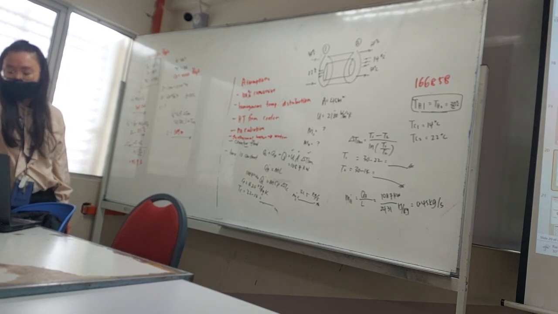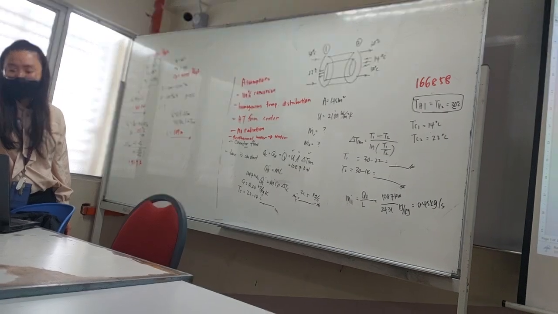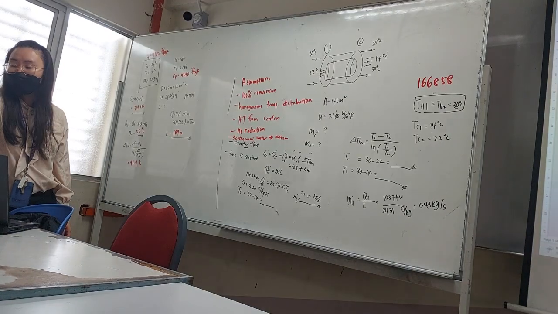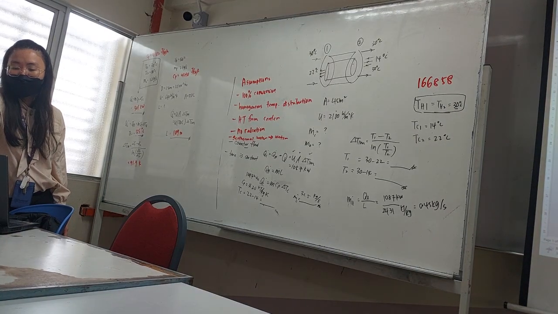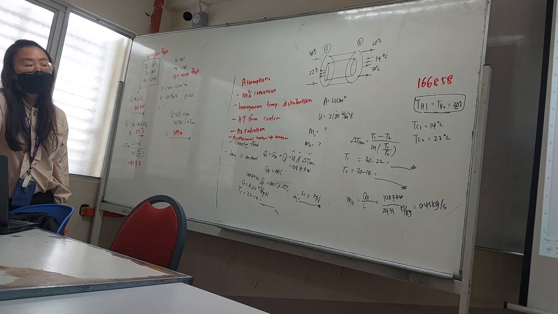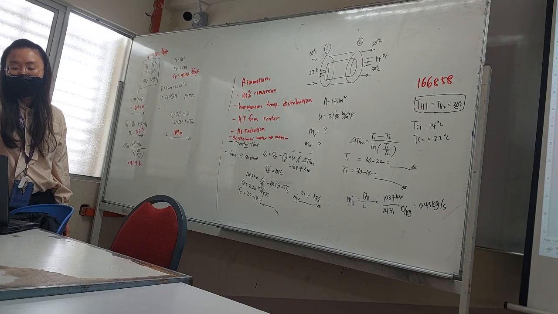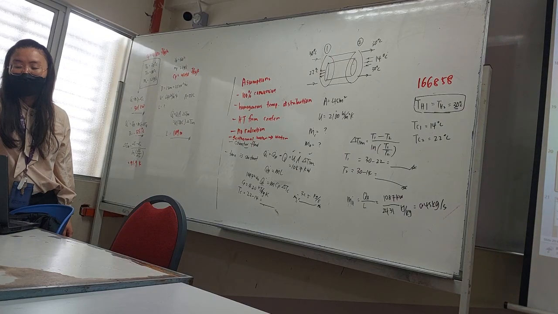Okay, so the first question is: determine the rate of heat transfer on the plate in natural convection. The plate is vertical. So this is natural convection with the plate placed vertically. So you will see the equations, we're going to use the entire range to find the answer.